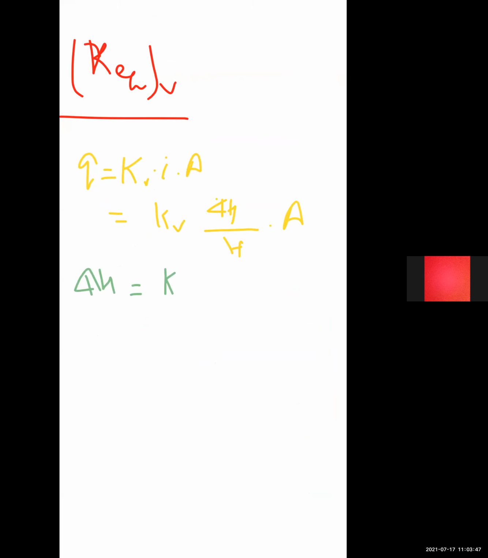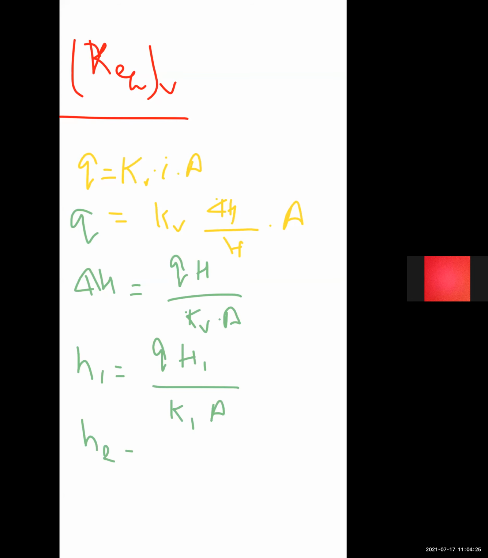So for the total head difference we can write Q into H divided by KV into A. Similarly, for the head difference in the first layer, Q1 is also equal to Q. So directly write Q into H1 divided by K1 into A. Similarly, for H2, Q into H2 divided by K2 into A.